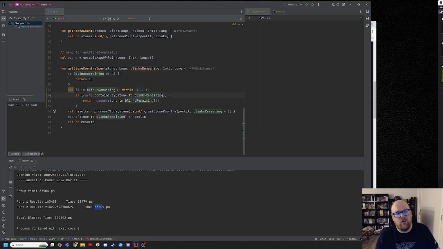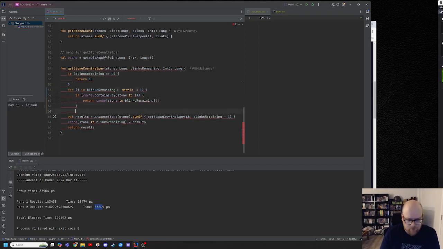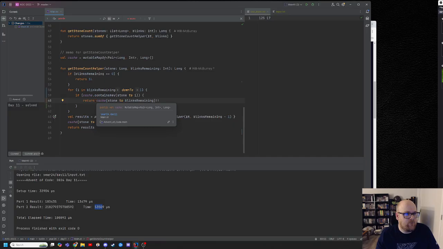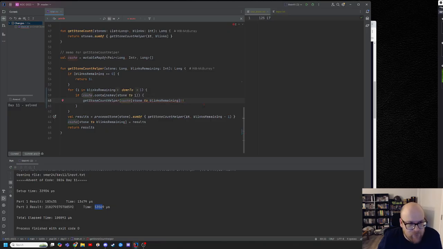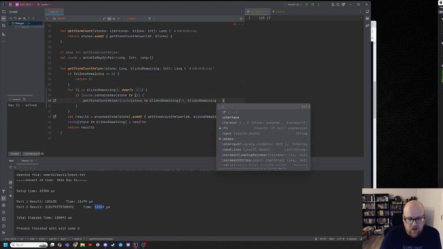And what I can do is, if the cache contains stone to I, then I'm going to return the cache value, and then it would be blinks remaining minus I.